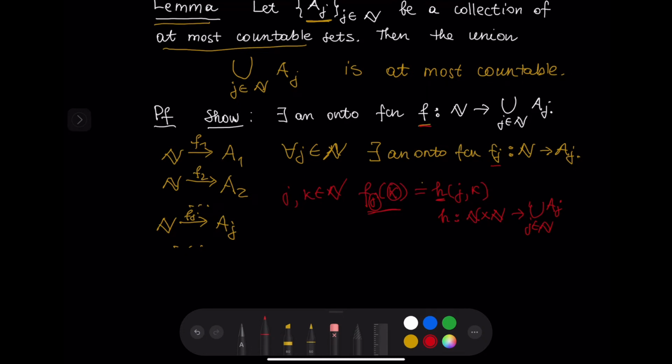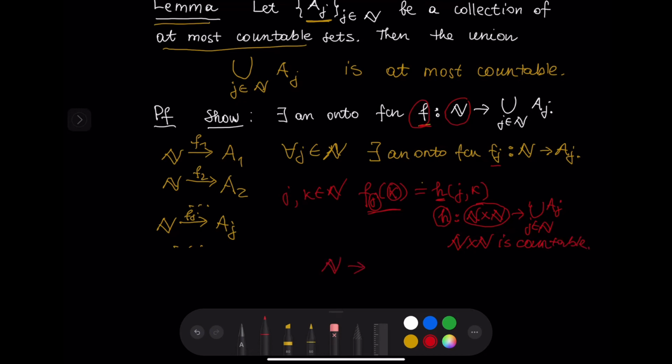And so you may say we are looking for a function f that is defined on the set of all natural numbers, and what we see here instead is that the function h is defined on the Cartesian product of natural numbers with itself. But that is okay, because remember we discussed that the Cartesian product N cross N is countable.